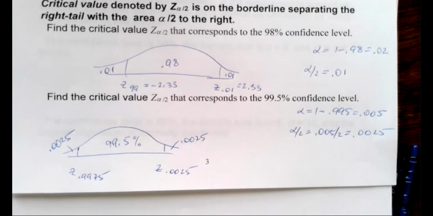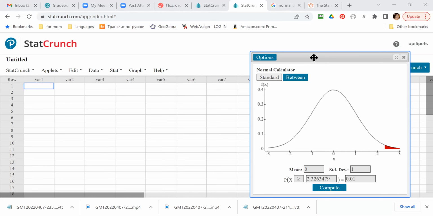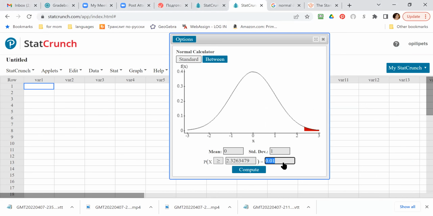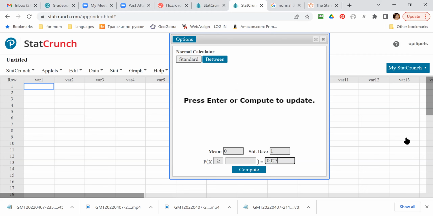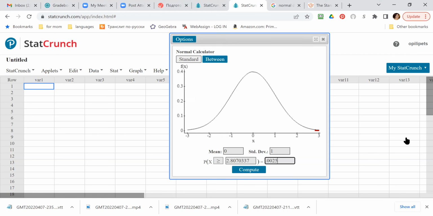Okay, so again, let's open our StatCrunch and take a look at what those values are. Here we're putting 0.0025. So that value is 2.81 approximately if we round it to 2 decimals.